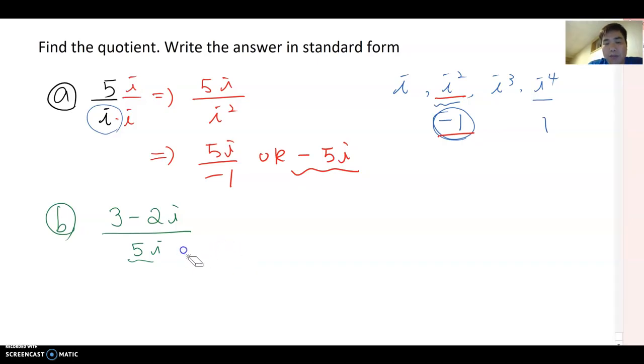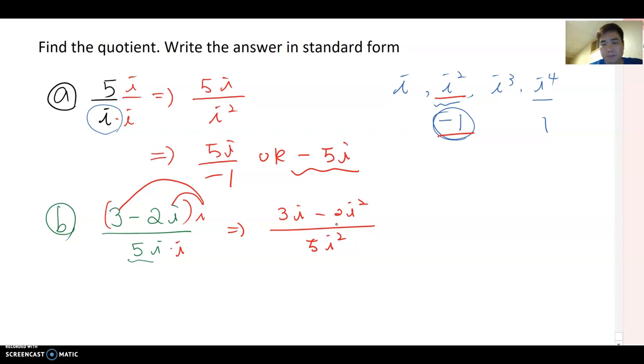Therefore, you may think, why not multiply by 5i again? But simply you can just multiply by i. I may show you multiplying by 5i after this and see what happens. But simply we can multiply i on both the numerator and denominator. Don't forget to distribute, and this becomes 3i minus 2i squared over 5i squared.